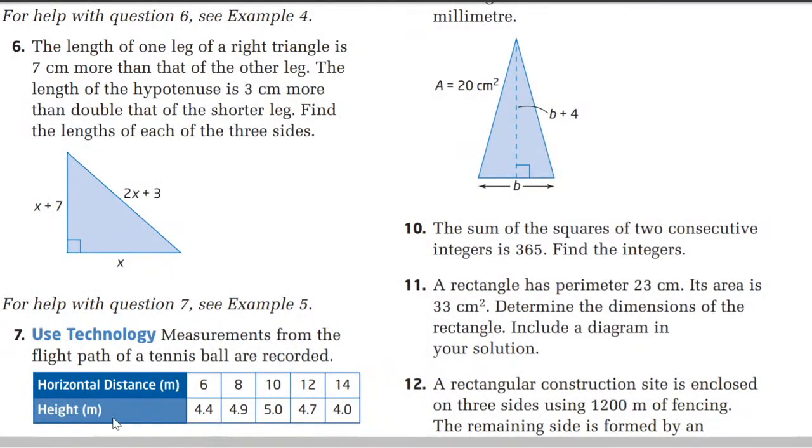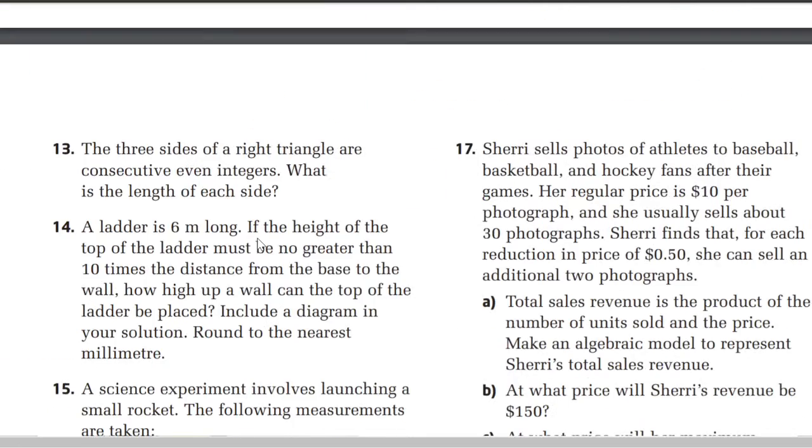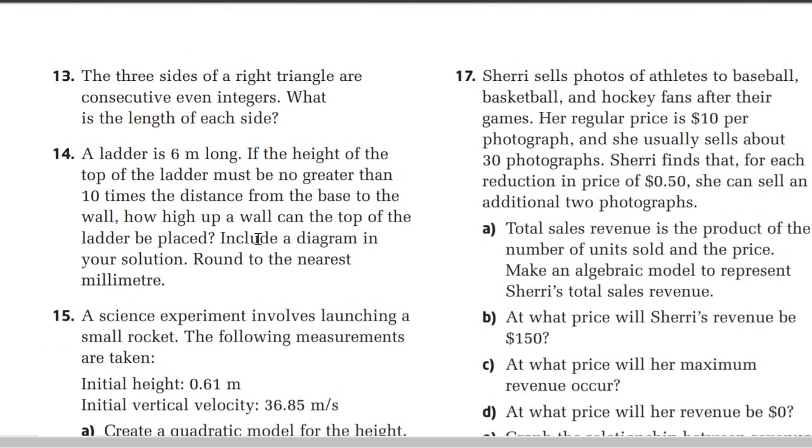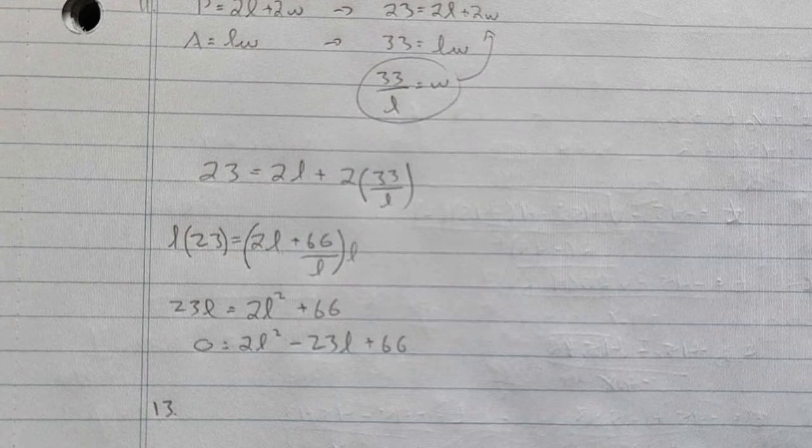And so in the case of number 13, we're looking at 3 sides of a right triangle that are consecutive integers. What is the length of each side? This is a combination of ideas from a previous couple of questions that we did. 3 consecutive even integers.